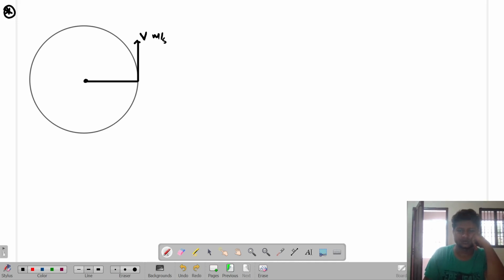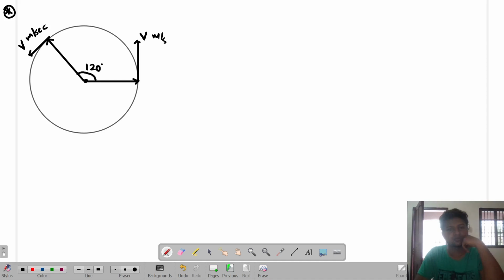Then it comes over here, travels still over here, and here the speed is also the same, V meter per second. The total angle traveled over here is 120 degrees. Got it?